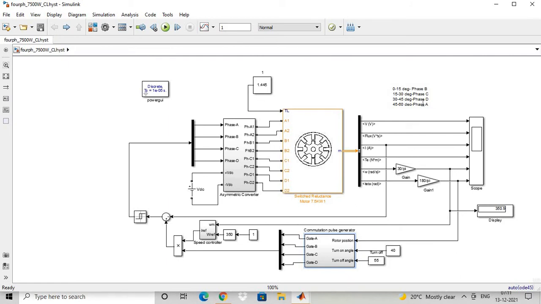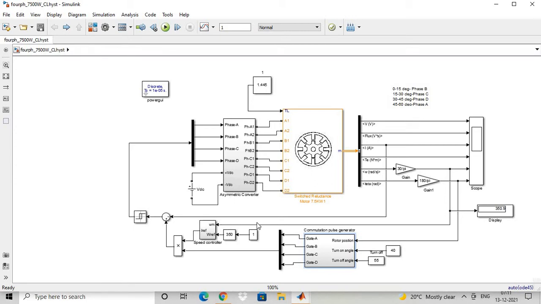Regarding the phase excitation, for 0 to 15 degree phase B is excited, 15 to 30 degree phase C is excited, 30 to 45 degree phase D is excited, and for 45 to 60 degree phase A is excited.